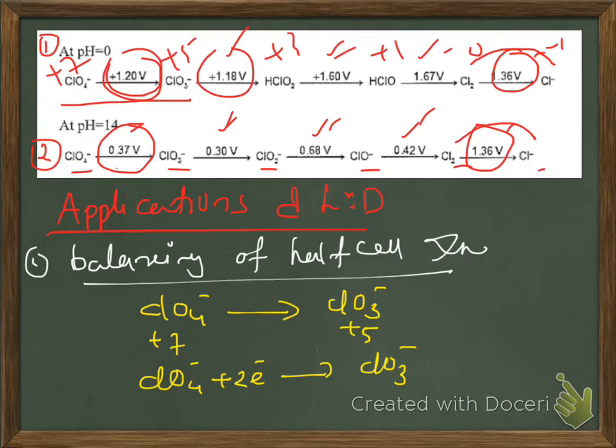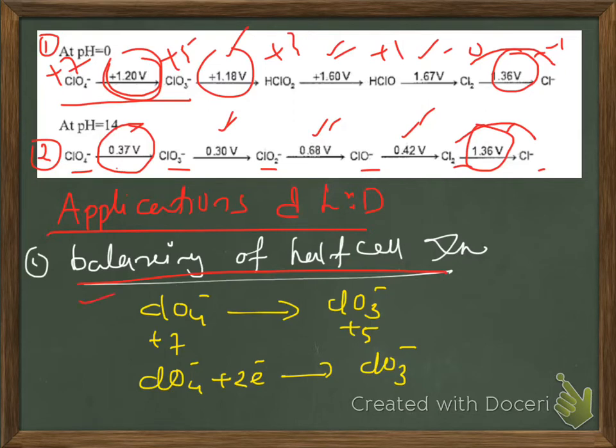So we are coming to the applications of the Latimer diagram. First one, balancing of half cell reaction can start from a Latimer diagram. That means from the Latimer diagram we can see that ClO4- is first converted to ClO3-.